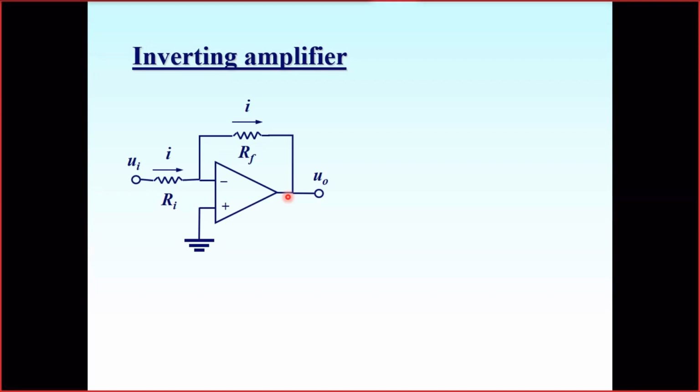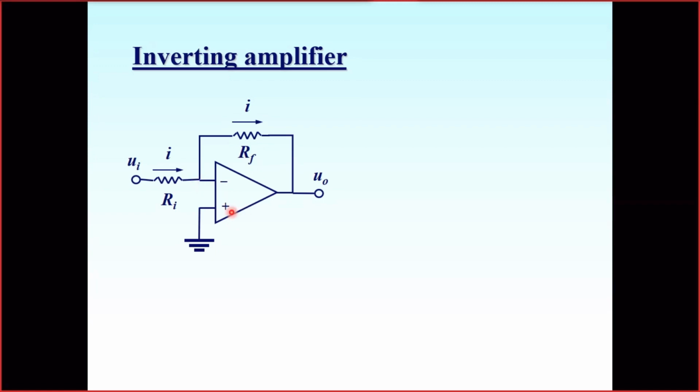So we have a feedback here. Note that the output of the op-amp through the resistor Rf is connected to the inverting input. The notation Ri and Rf is because one is the resistor for input and the other the resistor for feedback. With this feedback, what could we say about the voltage at this point?